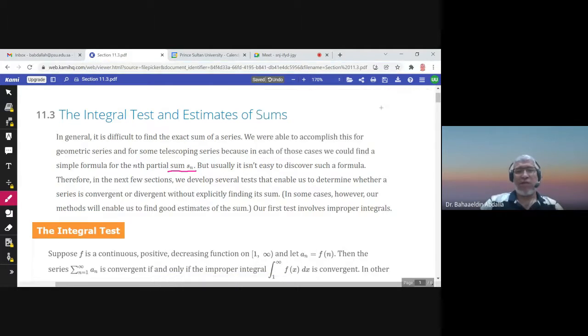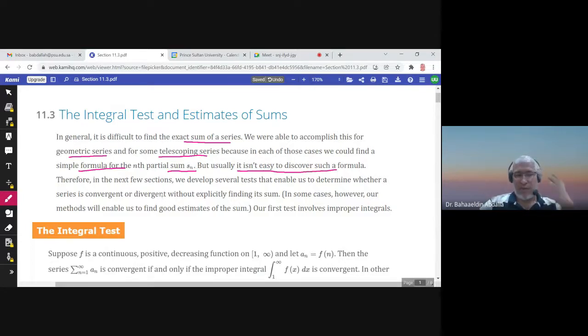But in general, it's difficult to find Sn. The exact sum of the series is difficult. For telescoping sum series and for geometric series, we were able to find a simple formula for Sn, but usually it is not easy to discover such a formula.